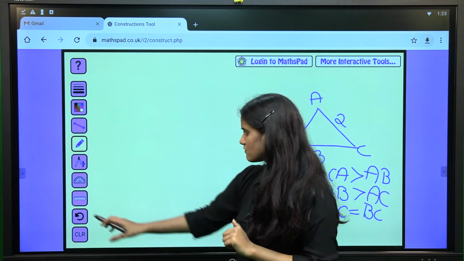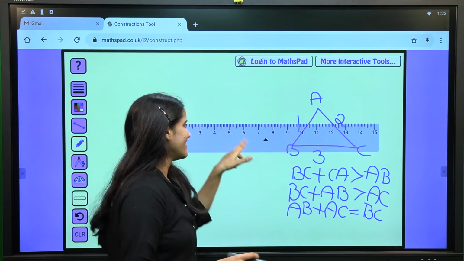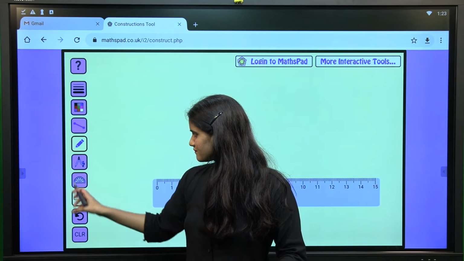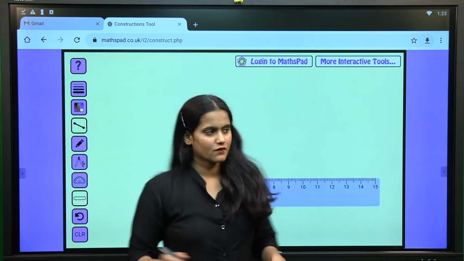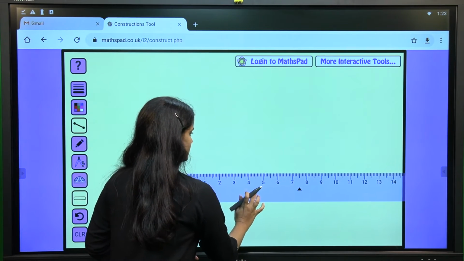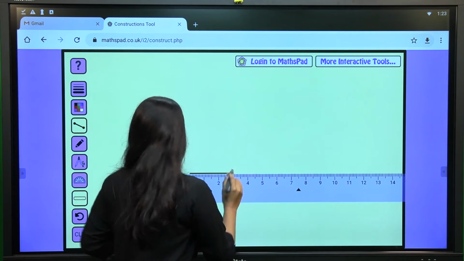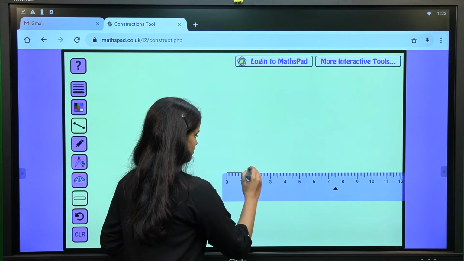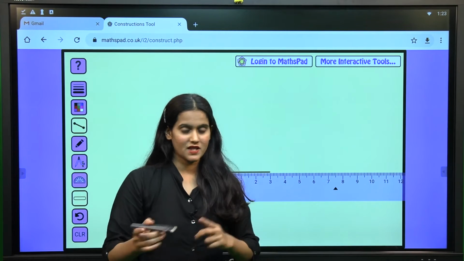So, first one is very important, base. Base is very easy, no? So, I'll erase everything. Let me take a black color. So, 3 centimeter we did, which was BC.